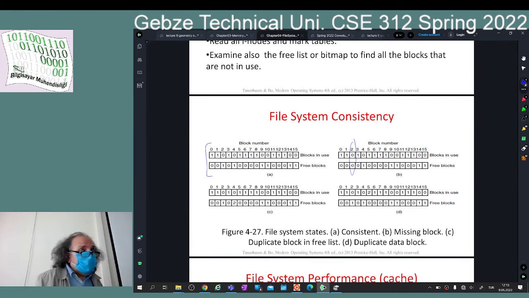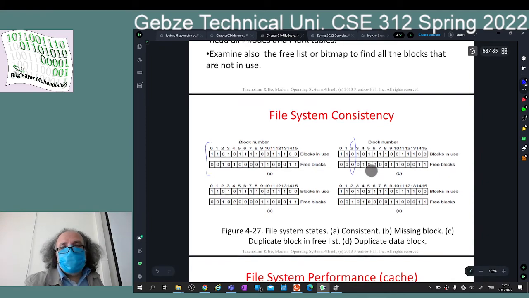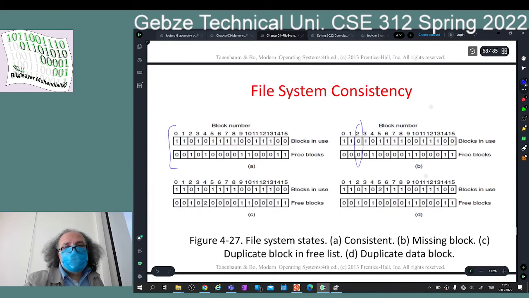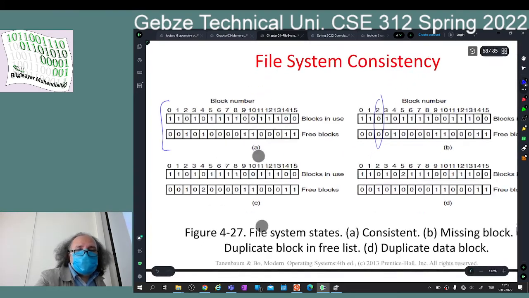You removed the file name, the system crashed, and you didn't have a chance to free the inodes and the blocks of that file. So nobody uses those blocks or those inodes, but they are not in the free list either. So it might be a reason like that. Okay, so I solved this problem. So that's one case. Let's look at the other case.